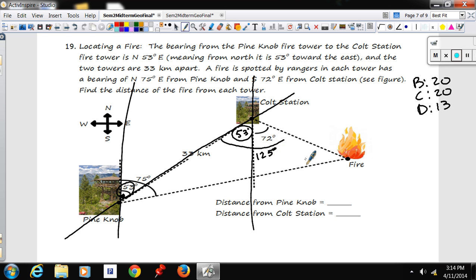This whole angle. They want to know the x down here and the y over here. And we know this angle is going to be 22 degrees because if you subtract those two, you get 22. 22 and 53 together make your 75. Now in the other picture, it was a little bit different numbers.